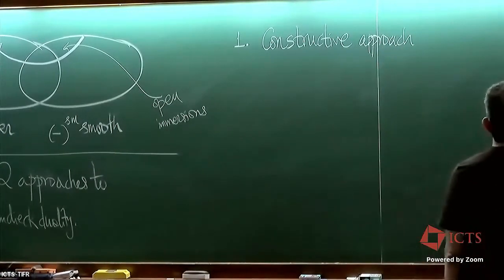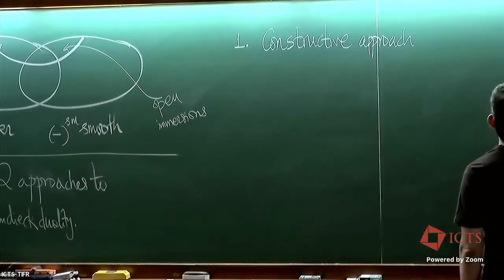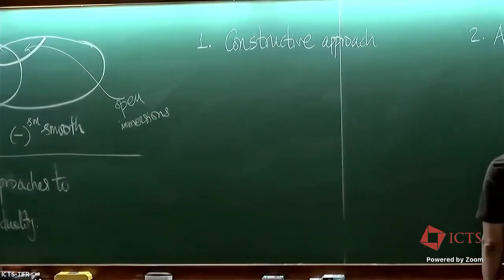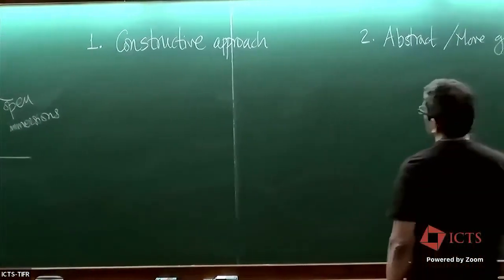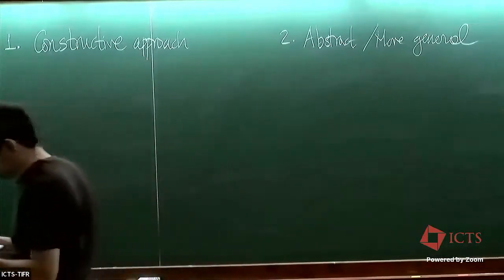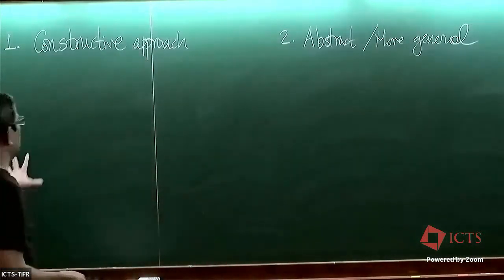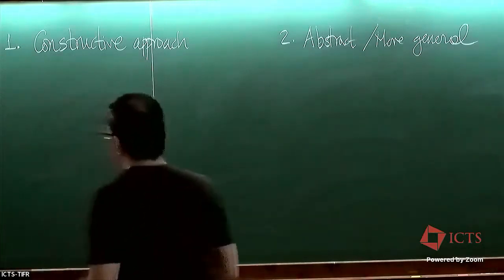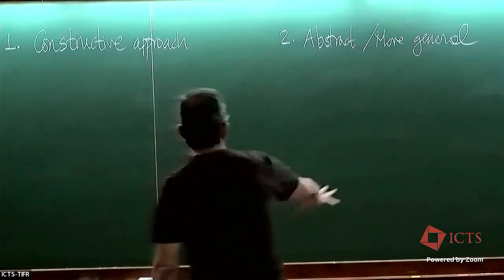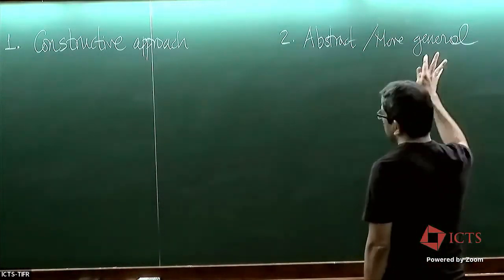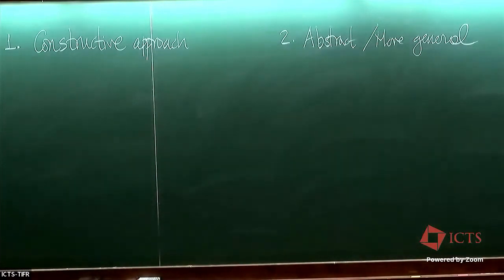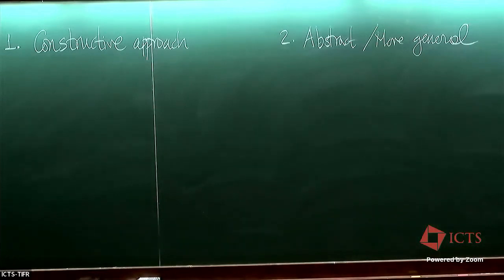And then the second one is abstract, or let's say more general. The first was the original way of defining this family of functors F shriek, but it has some complications in it. The second is a more abstract one, which was initiated by Deligne and Verdier, and we'll slowly get towards the second one. But there are some interesting features in the first one which also need to be mentioned.